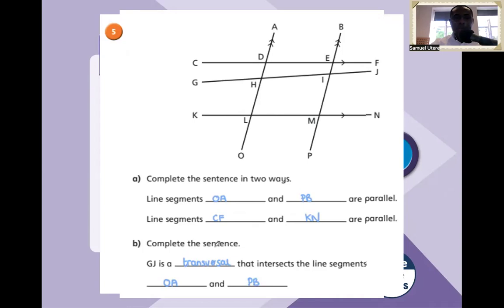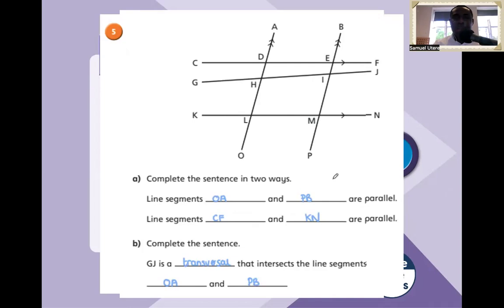Next, you were asked to complete the sentence GJ is a transversal. Yeah, so GJ is a transversal that intersects the line segments OA and PB. And of course, you could extend it: at which points did they intersect the line segments?